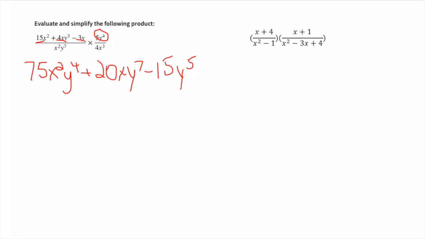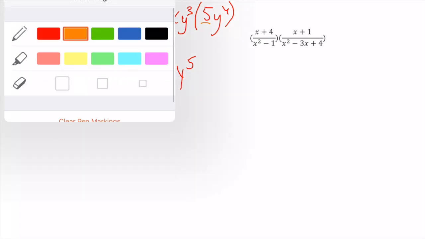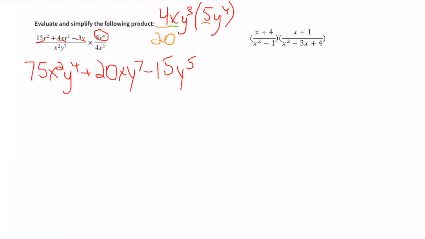Okay, so up here I'll just go through 4xy cubed times 5y to the 4. Okay, so just to show you where these came from, first I'll just multiply the coefficients together to give me 20. Okay, then there's no other x over here, so I still have just an x by itself.